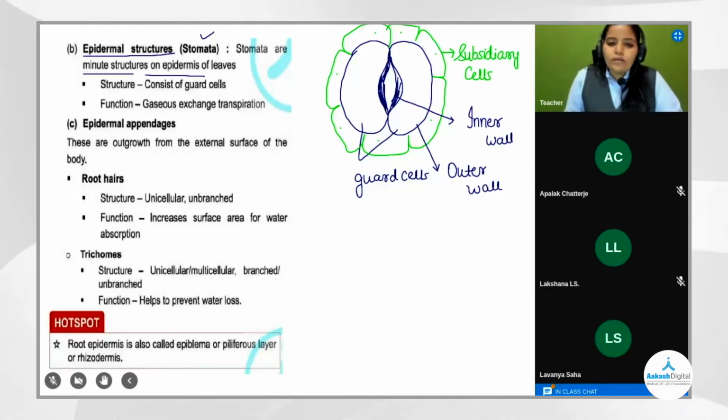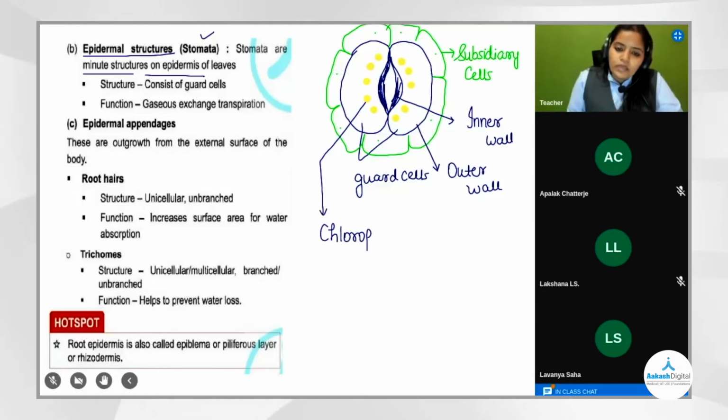Now, does this guard cell contain any chloroplast? Yes. I am making it in yellow color, but yes, they are chloroplasts only, beta. So it does contain chloroplasts also. Next thing, you will say this is called the stomatal pore or stomatal aperture.